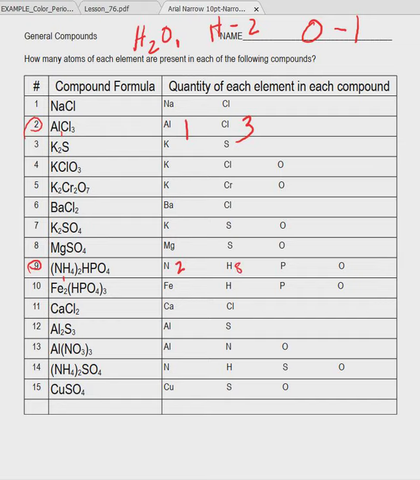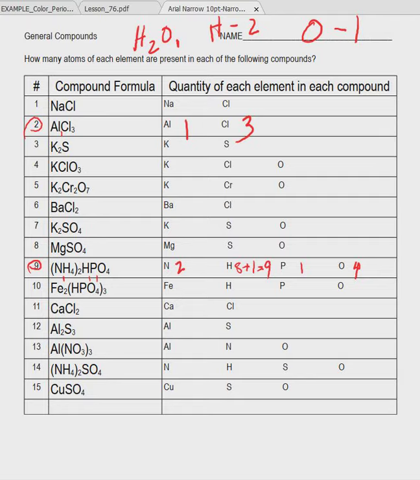Only problem is there's another H out here and a P, so that'd be plus 1 equals 9. And then we also have P would be 1 and O would be 4. That is pretty much how to figure out how many pieces are in a general compound.